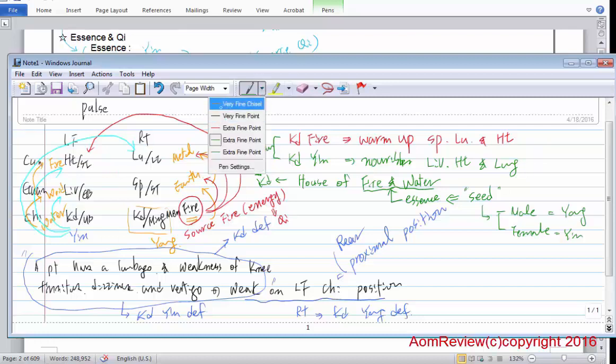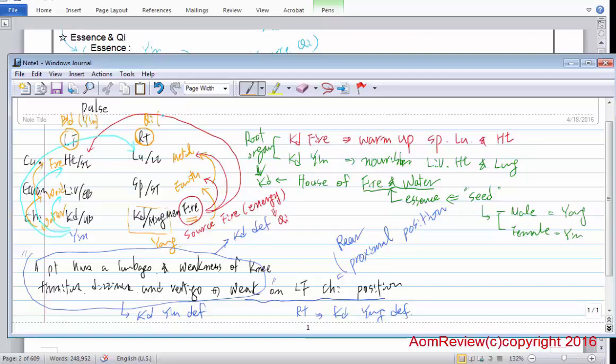And anyway, here's the left side and right side. We just focus on one thing here. On the right-hand side, there are more chi related organs located here, and the left side is more related with the blood related organs located here. The heart and liver are both closely related with the blood, and lung and spleen are more related with the chi, which means this might be yin.